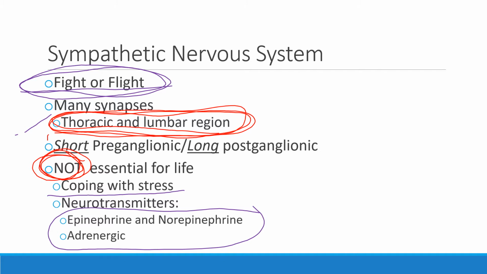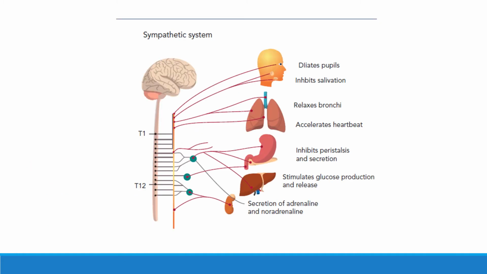So the big thing is going to be understanding what reactions we have, and we'll get to that in this next slide here. So what reactions do we have? Well, we have a dilating of our pupils, right? This will inhibit you from producing saliva. So this would be a sympathetic reaction.